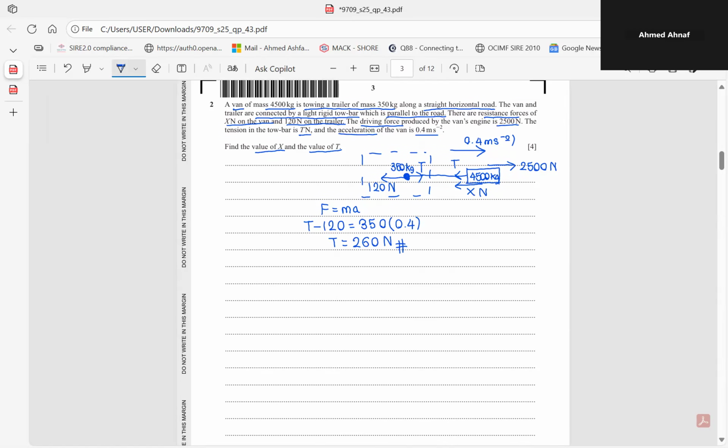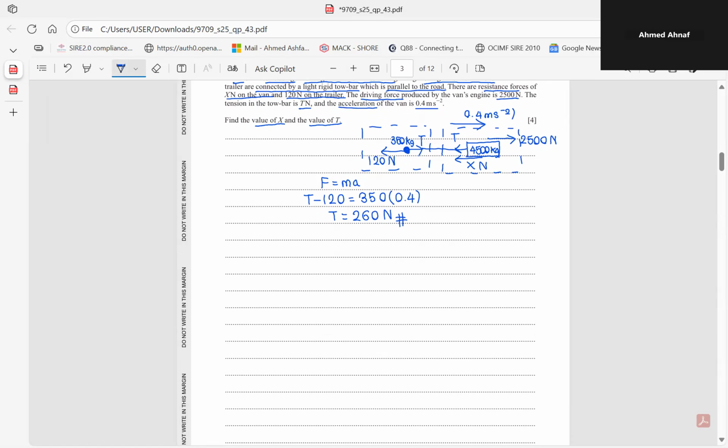Now let's consider the van separately. We're going to use the same method, Newton's second law, F equals ma. The resultant force would be the force acting in the direction of motion first, so 2,500 newtons minus T minus X equals 4,500 kg times the acceleration 0.4 meters per second squared.